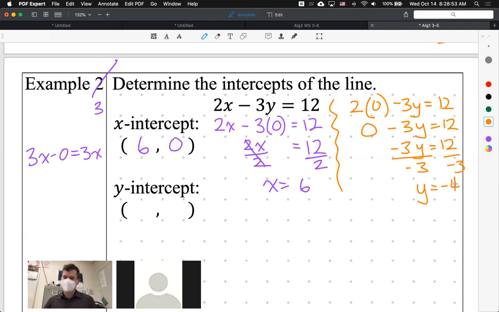All right, and that's only half the answer, right? So what is the full answer? Go for it, Zeke. 0, -4. There it is.